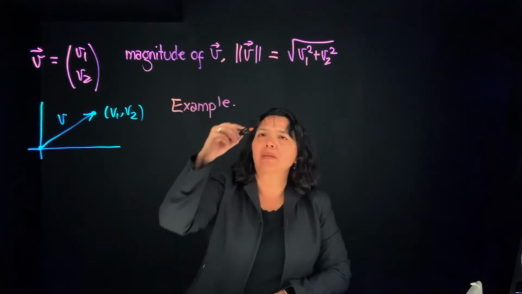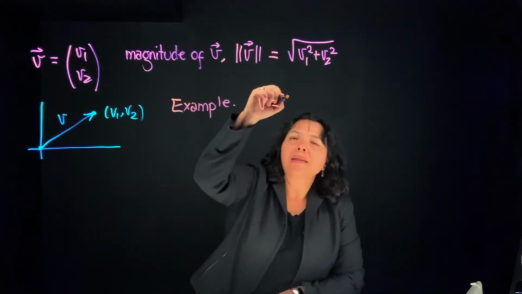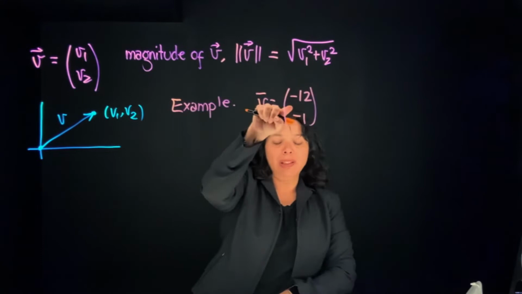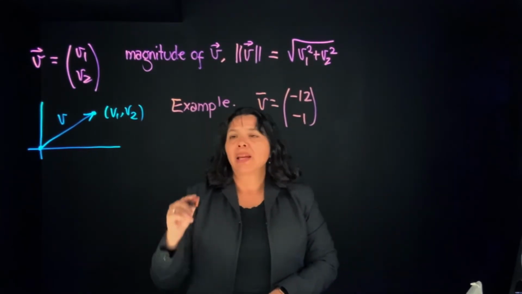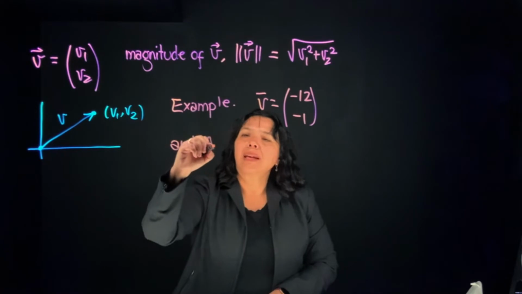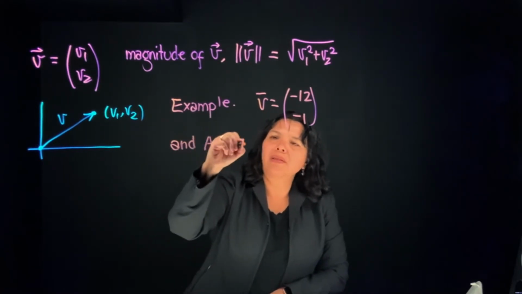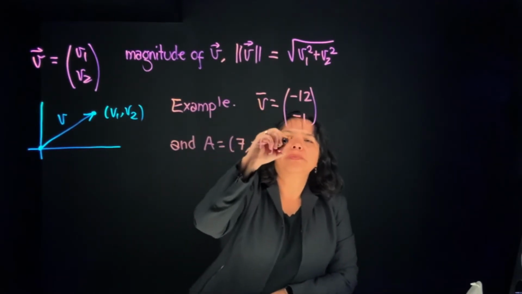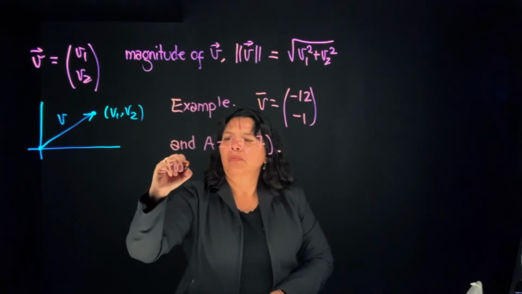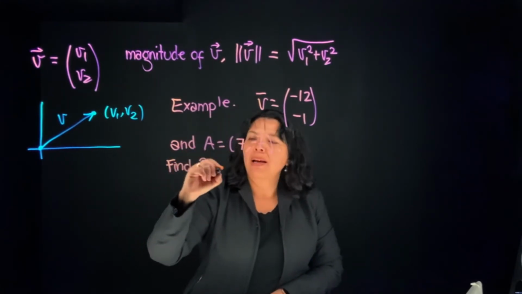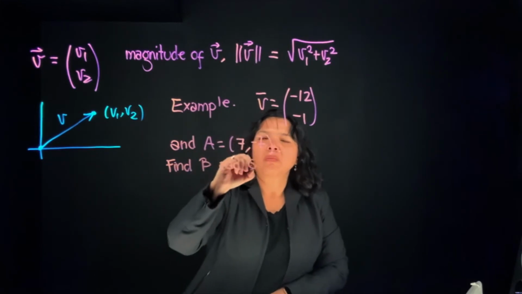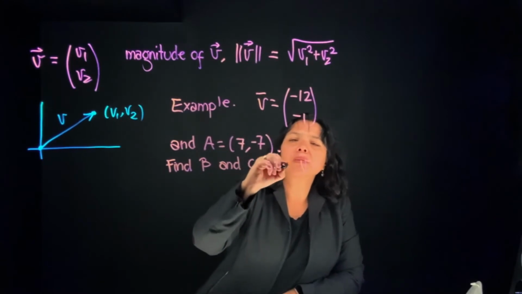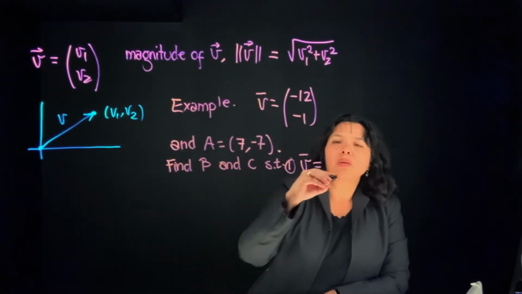So if I have a vector v that is, say, -12, -1, remember this is my algebraic form of the vector, and say A is the point 7, -7, we want to find B and C such that my vector V, this would be my first part, is equal to the vector AB.